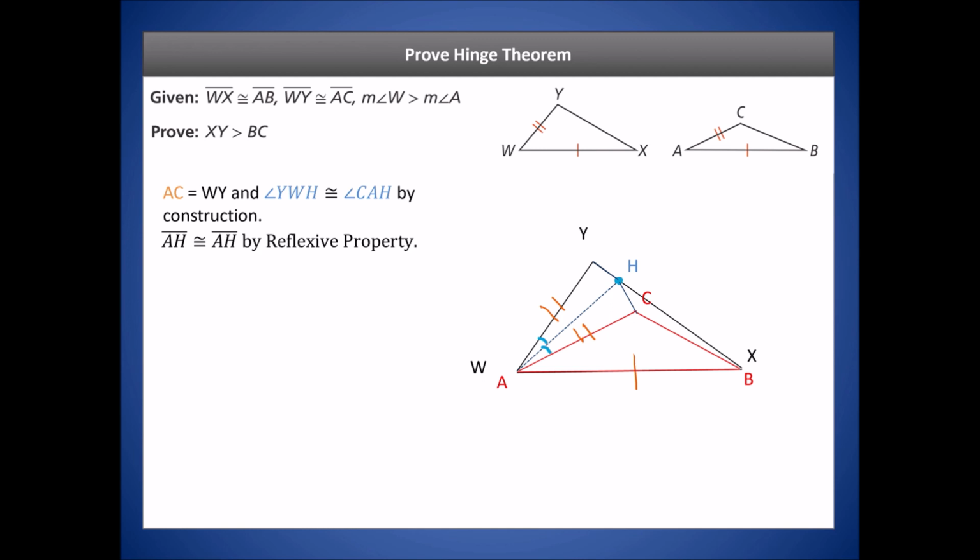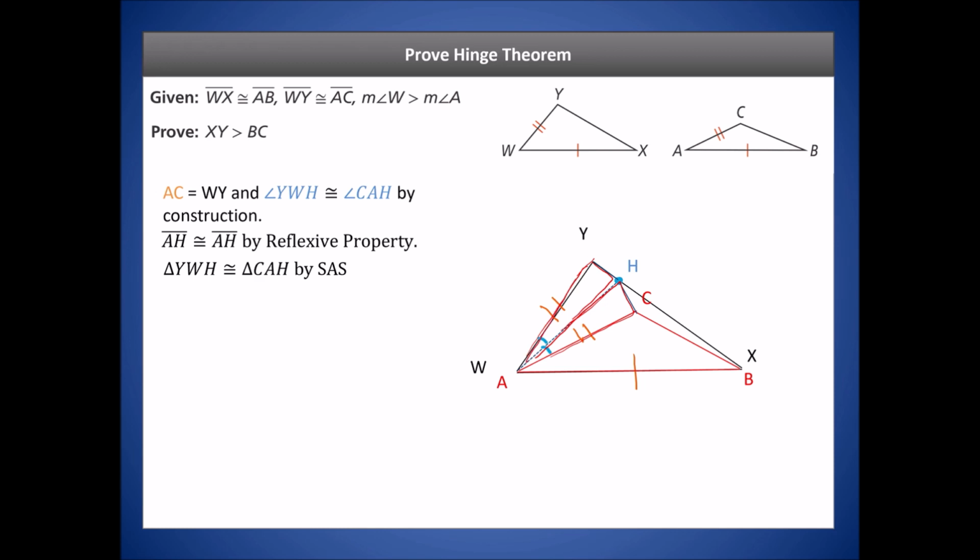So now we know that AH is congruent to AH by the reflexive property, which is this angle bisector here, congruent to itself. And the reason we do this is because we want to show that the triangles are congruent. We want to show that YWH and CAH are congruent by SAS. So that's the two halves here and here, those two triangles. We're showing that those two triangles are congruent.